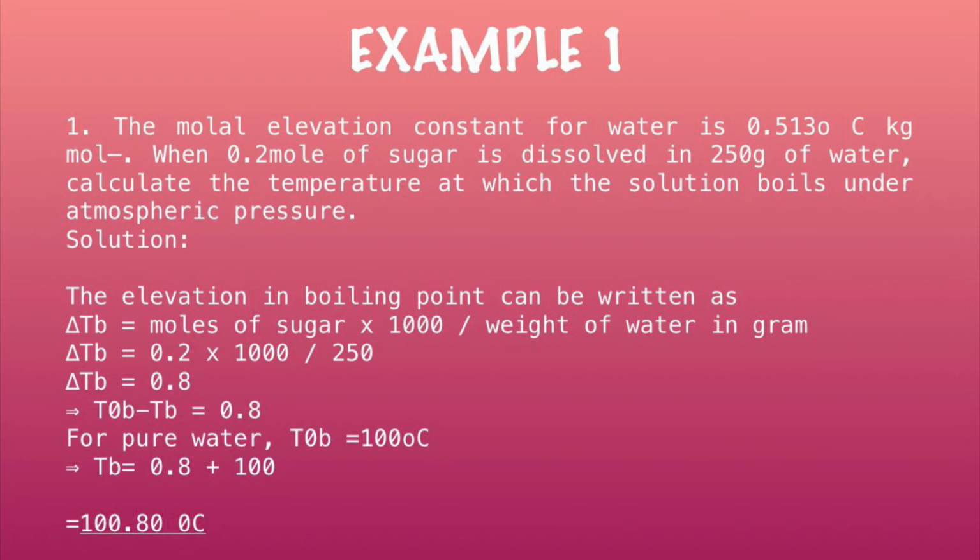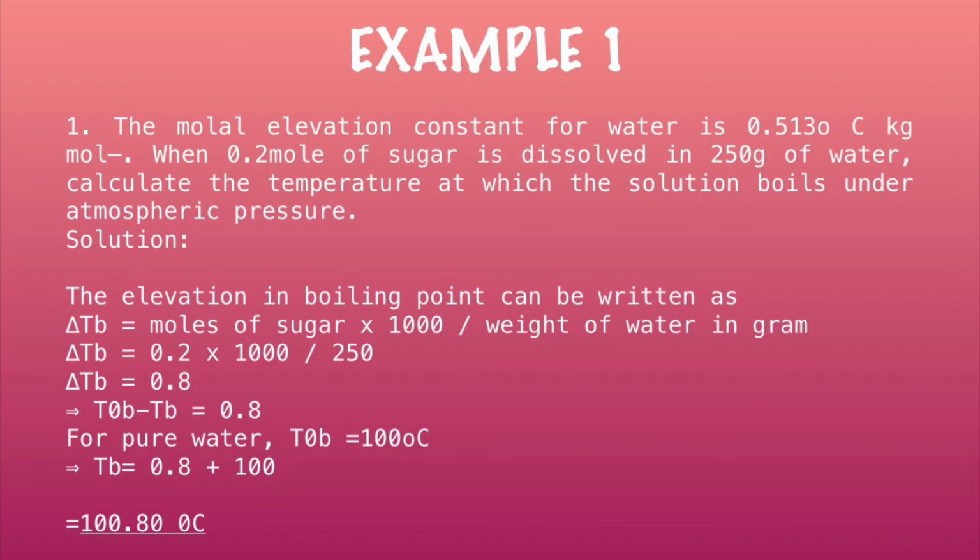under atmospheric pressure. For the solution, the elevation in boiling point can be written as ΔTb equals the moles of sugar times 1,000 divided by the weight of water in grams. Substituting, we have ΔTb equals 0.2 times 1,000 divided by 250, equals 0.8.